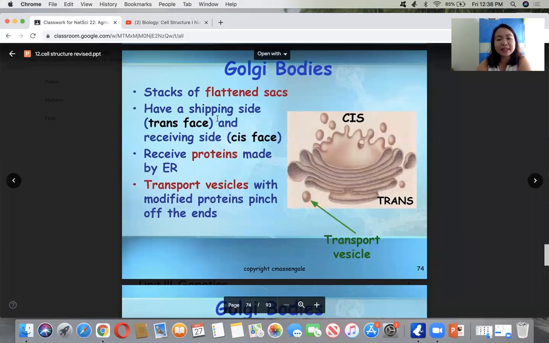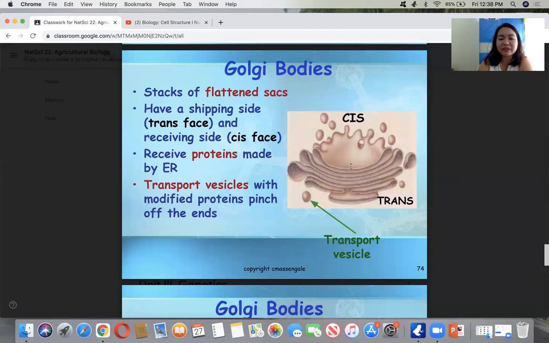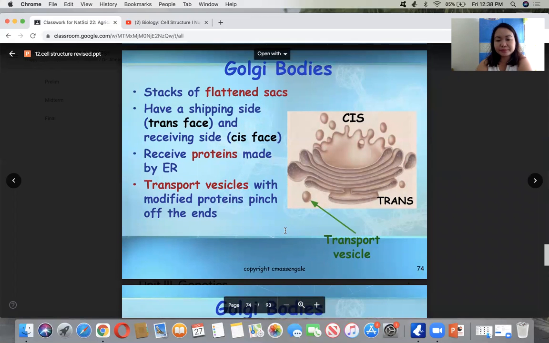The Golgi bodies, another cell part, are stacks of flattened sacs, and have a shipping side, or trans face, and a receiving side, or cis face. They receive proteins made by the endoplasmic reticulum, and transport vesicles with modified proteins pinch off the ends.